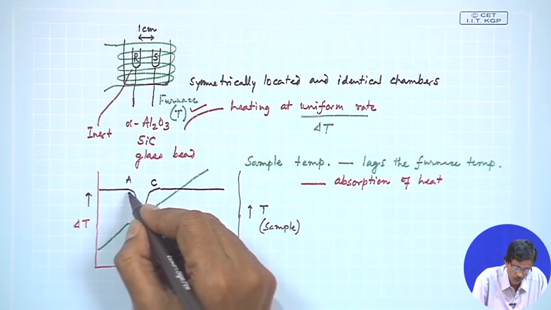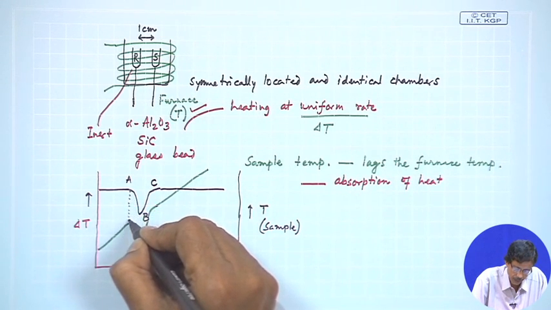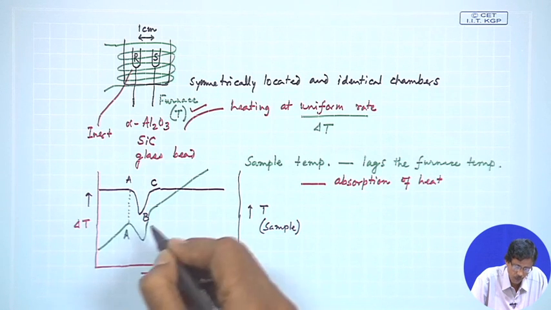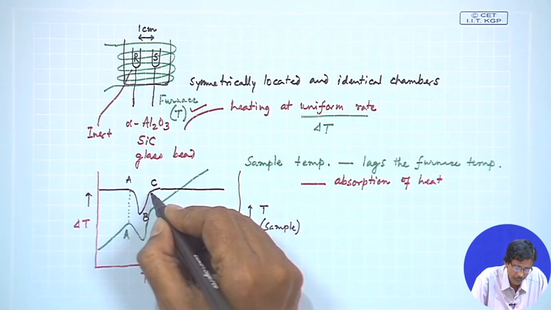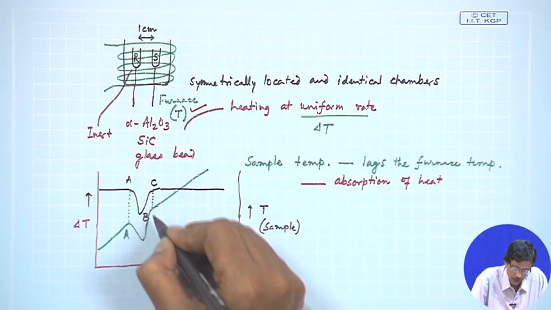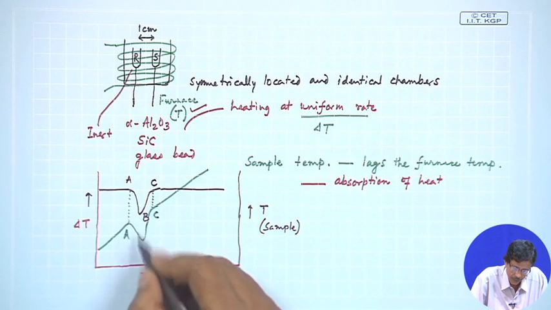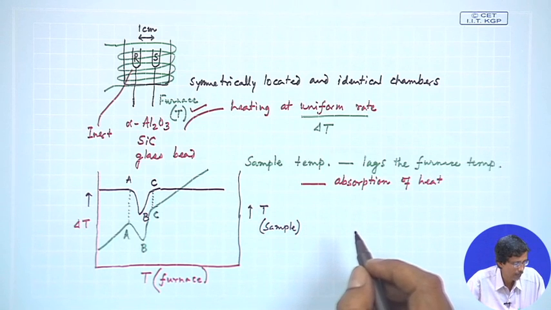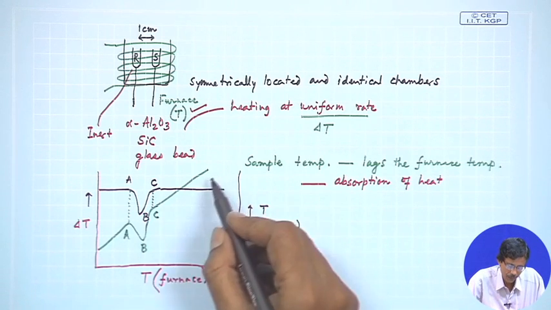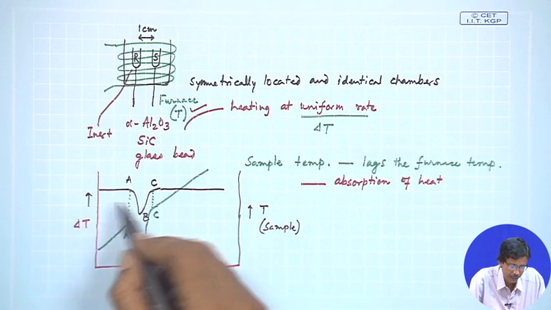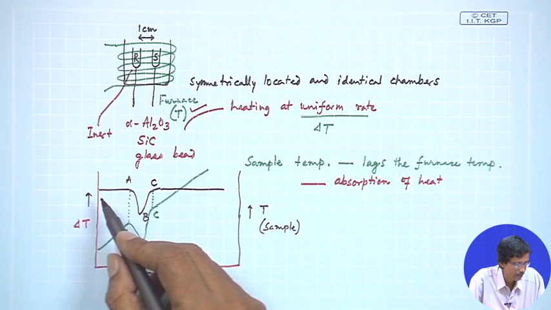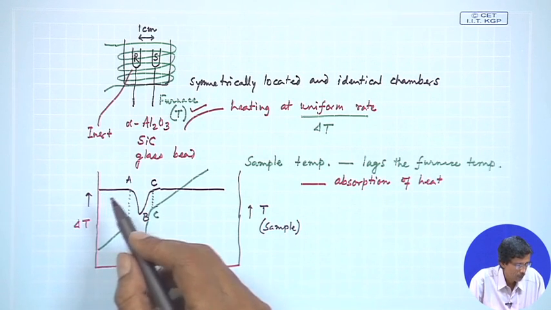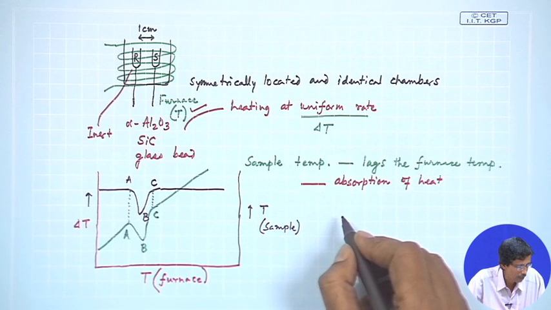So, here also you have the corresponding A point and the corresponding C point, and this is definitely your P. So, these are the two different types of plots we can have. This is the sample temperature and this is the corresponding difference, that is the delta T.